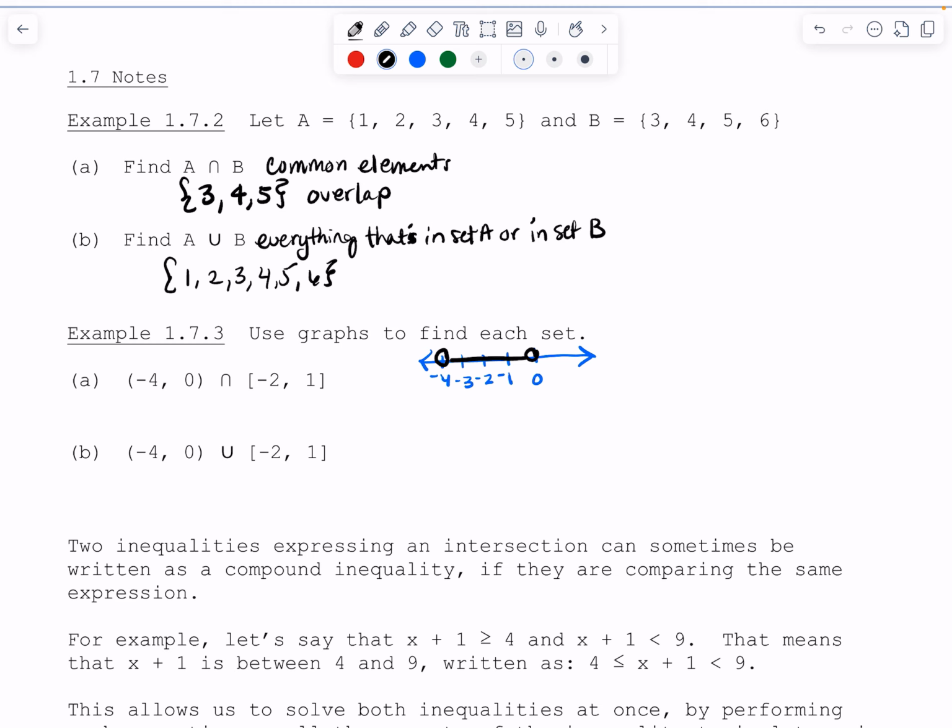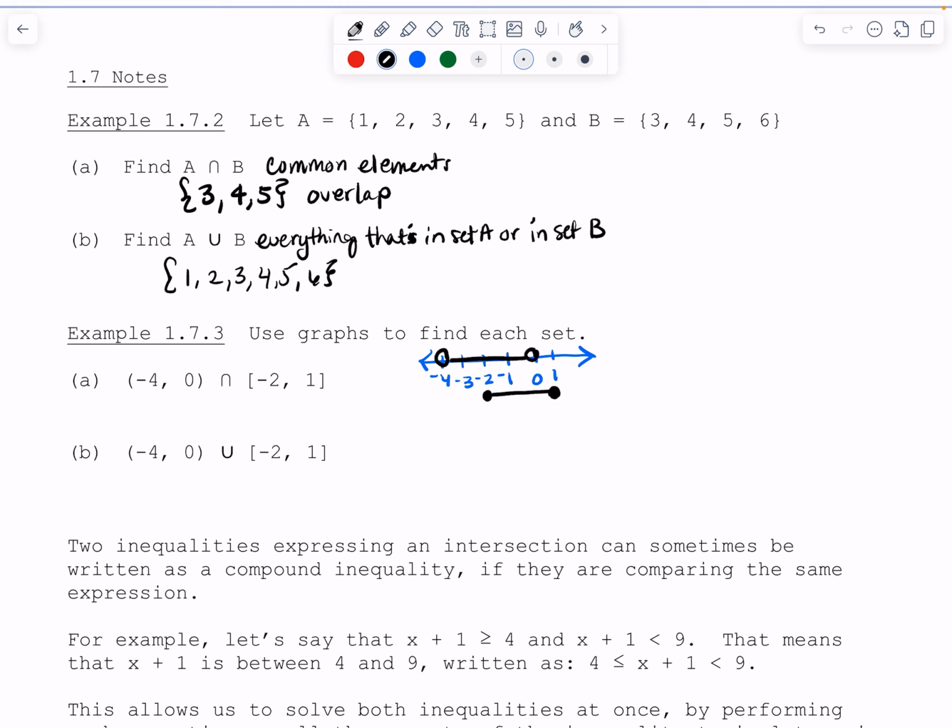Okay? Now it says negative 2 going to 1, including negative 2 going to positive 1. Okay, so I need to include 1 now. I'm going to graph it below. So negative 2 is included, and I'm going to the value of 1.